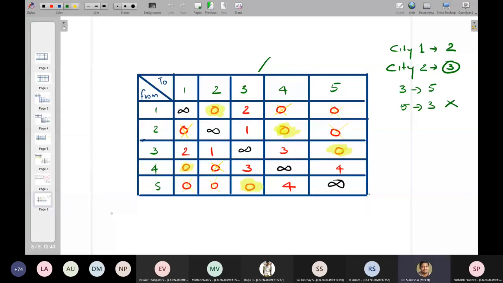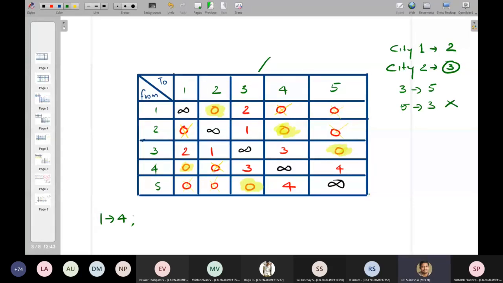Then what happened? From 4, what is the 0 value that lies there? 4 to 2. Okay, I have moved from 4 to 2.